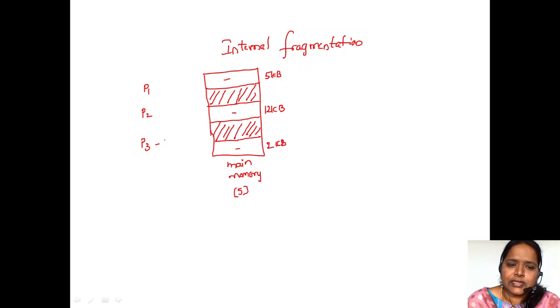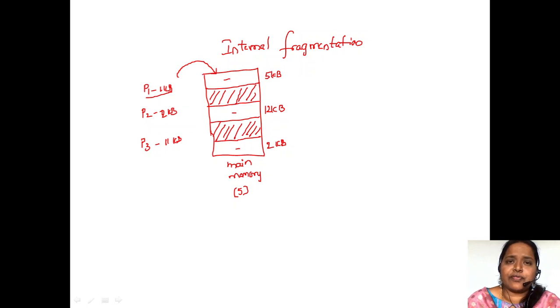Suppose there are three processes, P1, P2 and P3. P3 requires 11 KB, P2 requires 2 KB and P1 requires 1 KB. What do you mean by internal fragmentation? Now P1 requires 1 KB, so P1 will be placed over here.